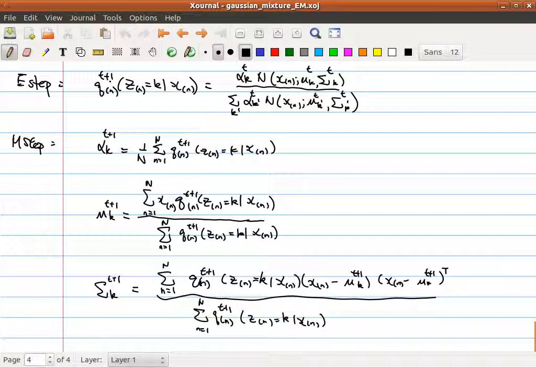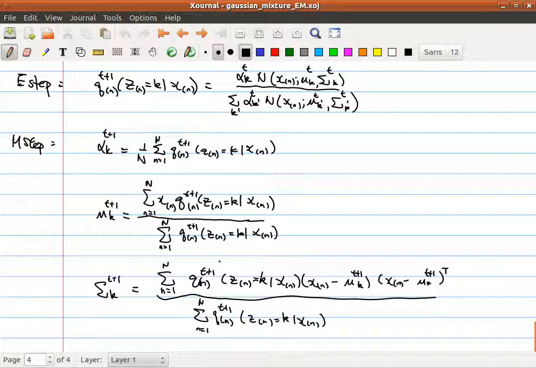And after finding this, based on this expression here, after finding this Q, we'll just use this Q to update alpha, mu, and sigma respectively. And as you see, for mu and sigma here, it's really computing an empirical weighted mean and average. So a weighted mean and covariance. So this is just a covariance approximation, for example, weighted by this Q here.